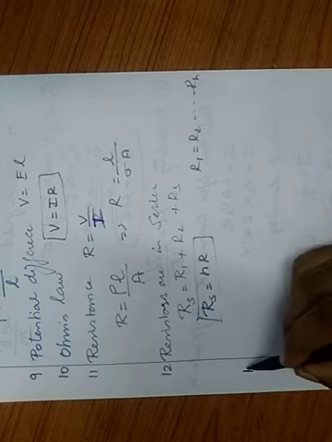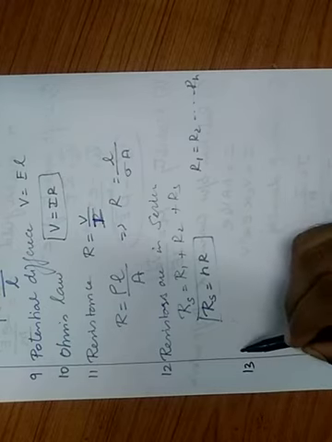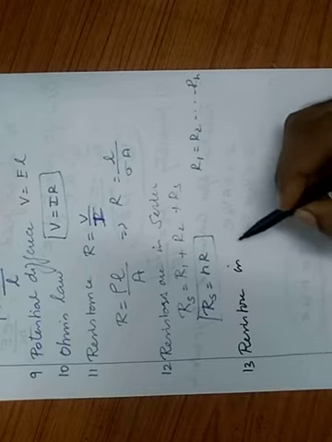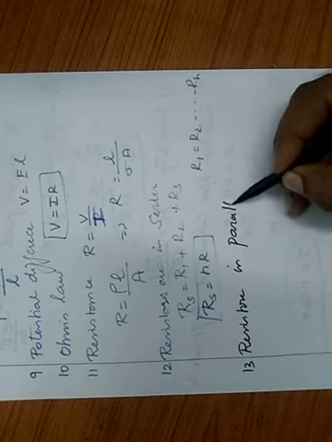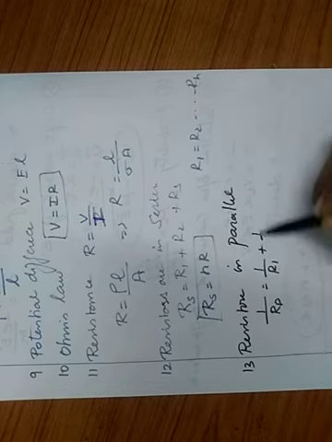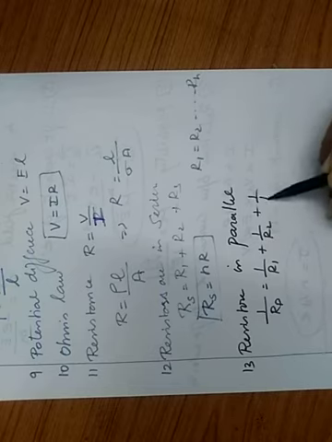Then resistors in parallel. Here first of all we consider 1 by Rp is equal to 1 by R1 plus 1 by R2 plus 1 by R3.